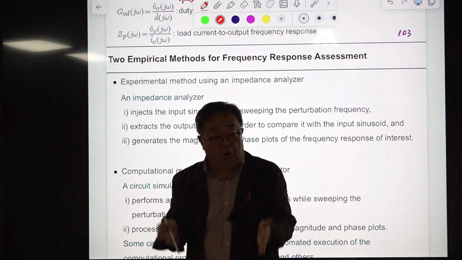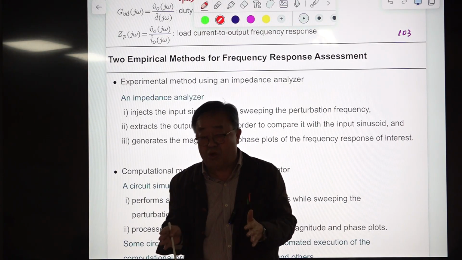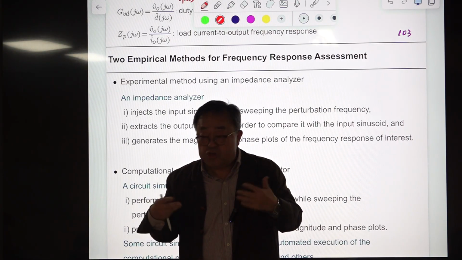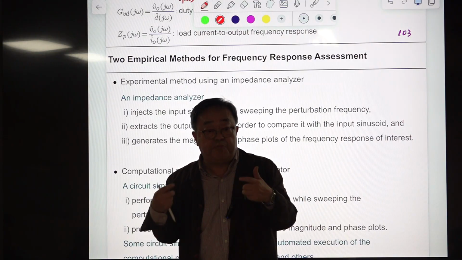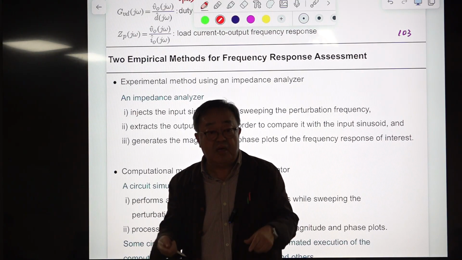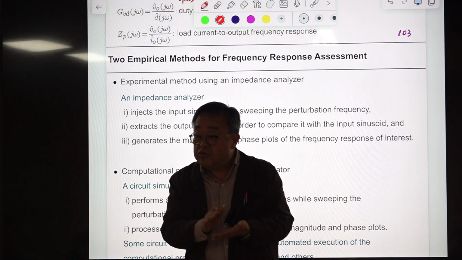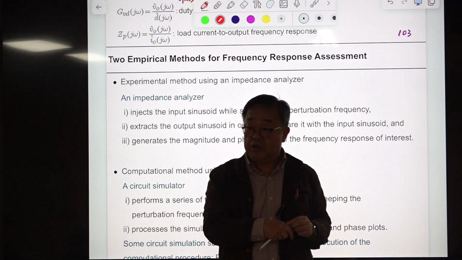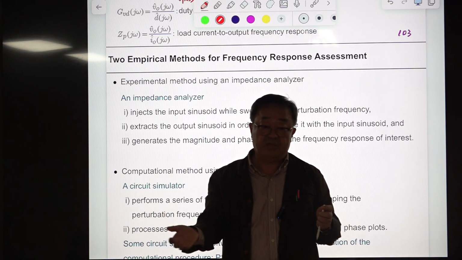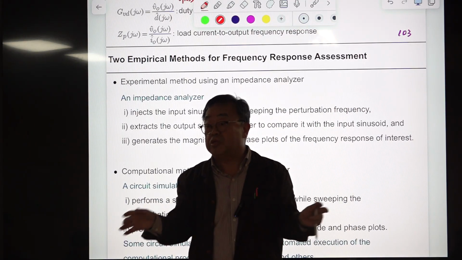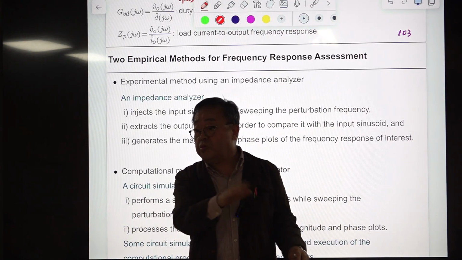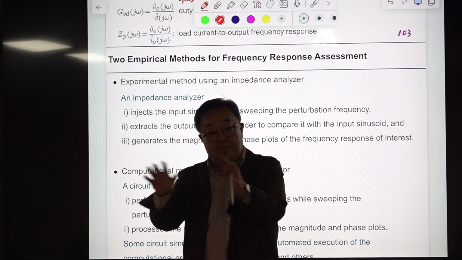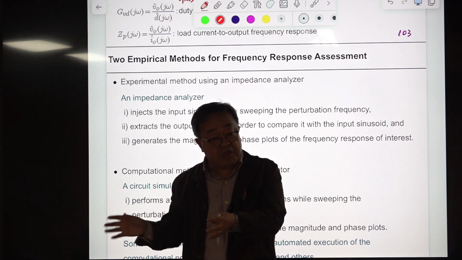Then I'll give you the knowledge about how to obtain the small signal model, which carries the same information you obtained in this empirical method. Understand this? Usually the order is opposite. In most books and all of my previous books, I explained the small signal modeling first, then this.